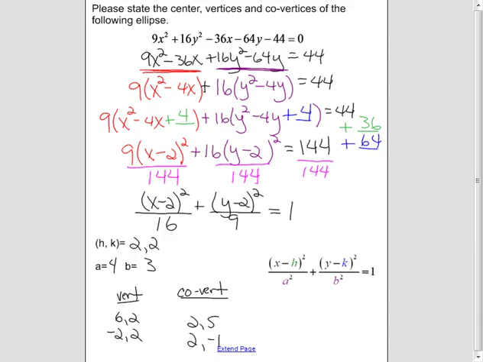So feel free to watch this over again. You know, the hardest part is realizing that you're going to have to factor in both of the expressions that involve x and y, and then you're going to have to complete the square by some type of addition, but you have to watch that multiplier on the outside when you balance the equation on the right side.